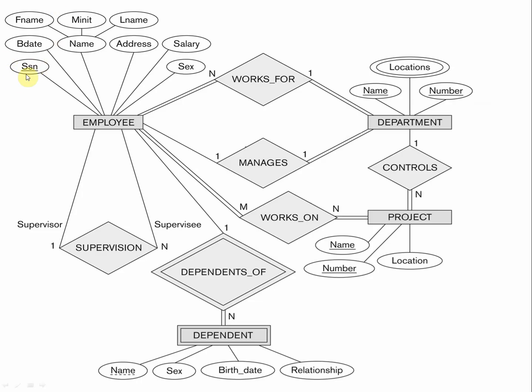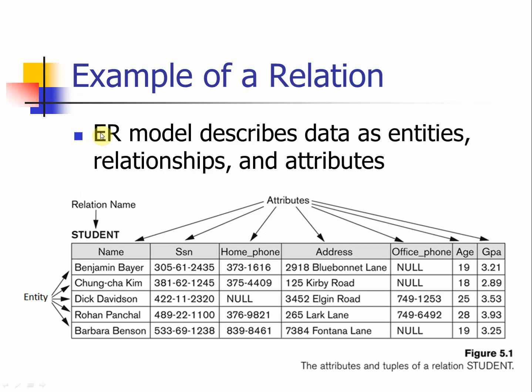Start with the oval shapes, which are the attributes describing the entity. Basically, each entity is a table. In the table, there are some formal terminologies that we want to use. You can see in this example, student is the student table that we are looking at.